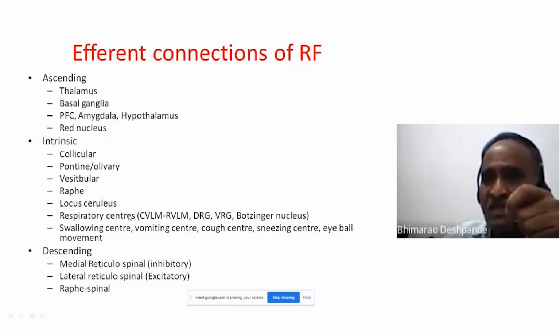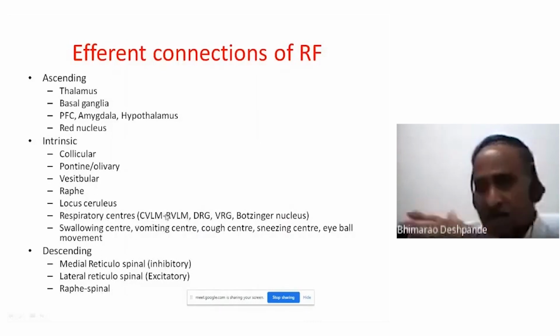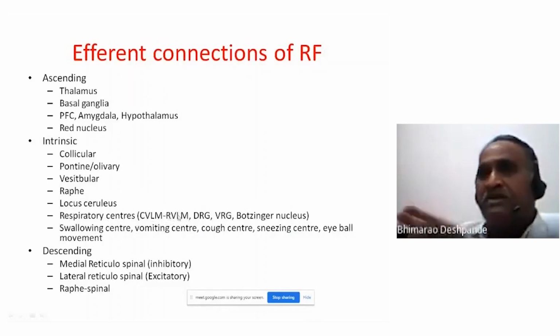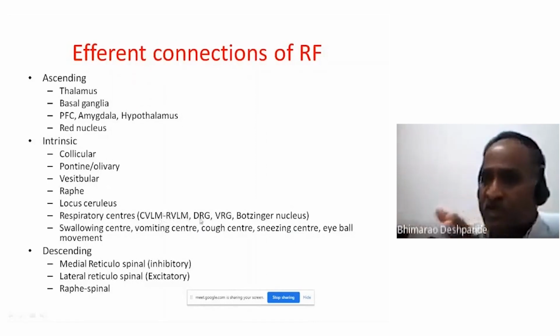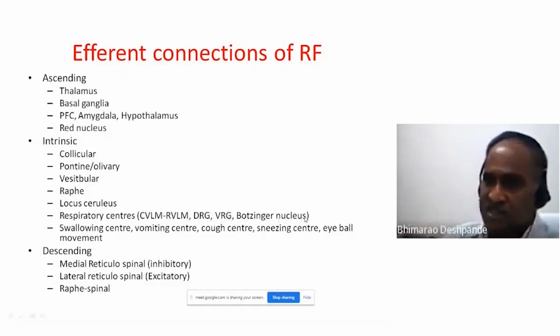The respiratory centers are connected: the caudoventral lateral medulla and rostroventral lateral medulla, where baroreceptor functions are monitored, the dorsal respiratory group of neurons, the ventral respiratory group of neurons, the Bötzinger complex, and so on.